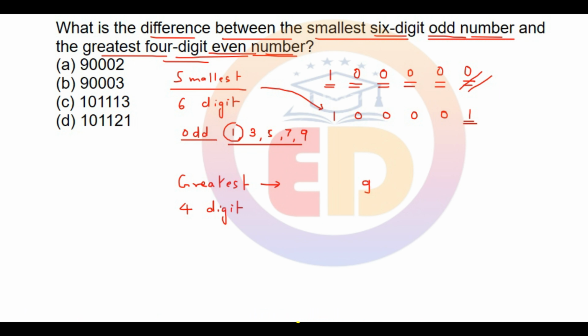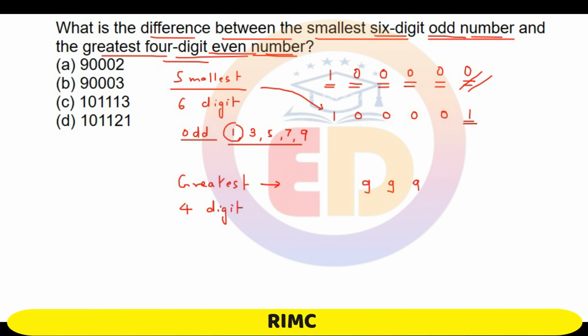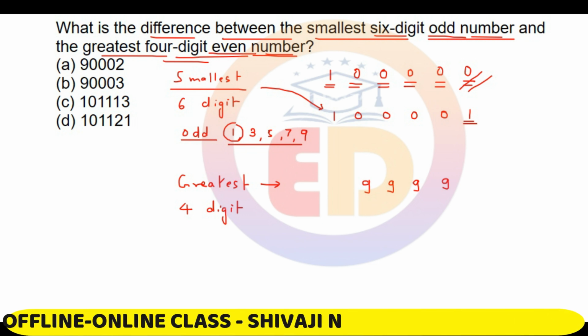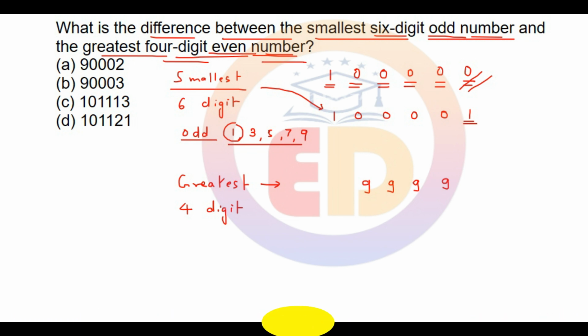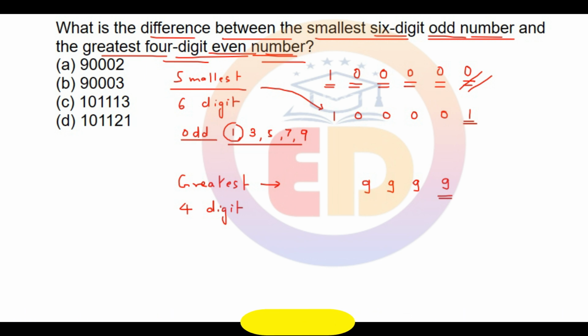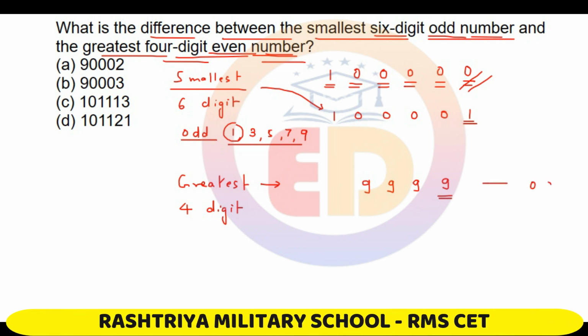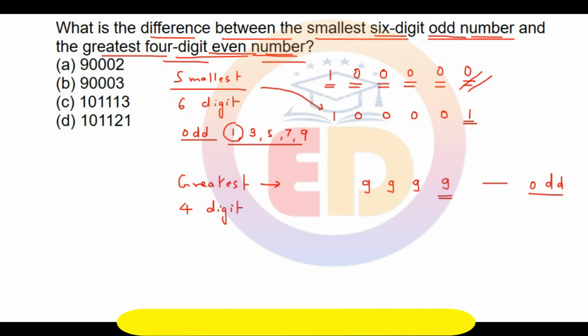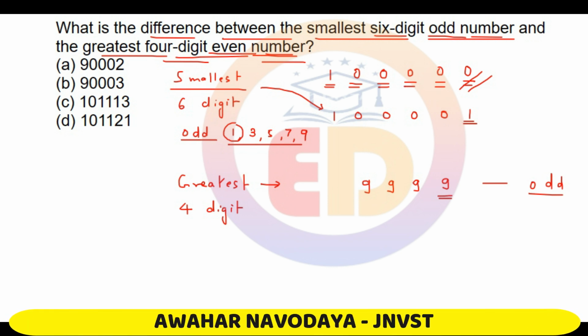Here it should be 4 digits, so take 9 four times. This is the greatest 4-digit number. But as per the condition, it should be even. Right now this number is ending with 9, so it is not even, it is an odd number. So to convert this to the greatest 4-digit even number.